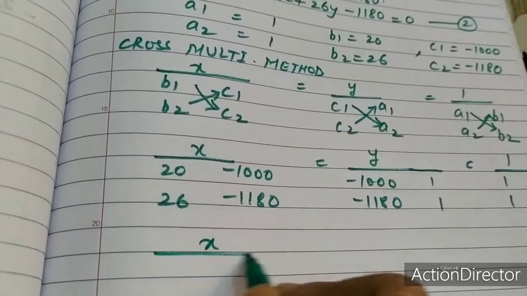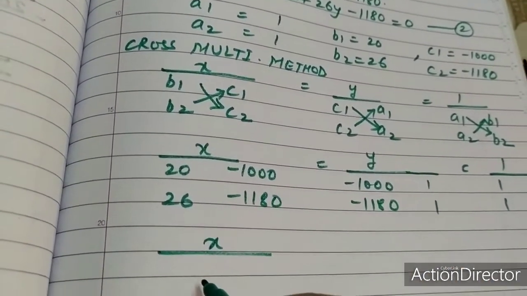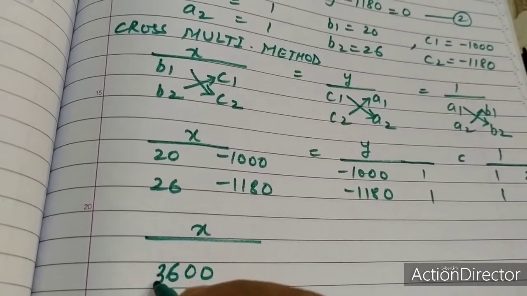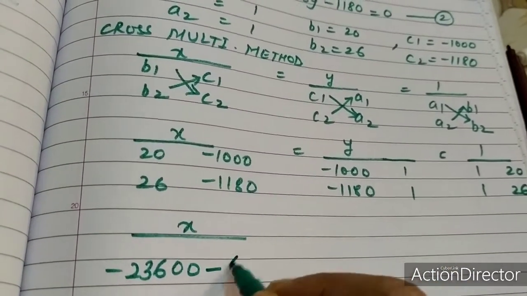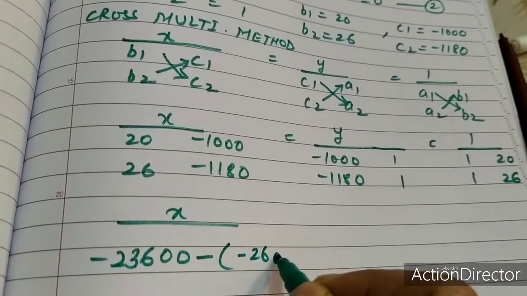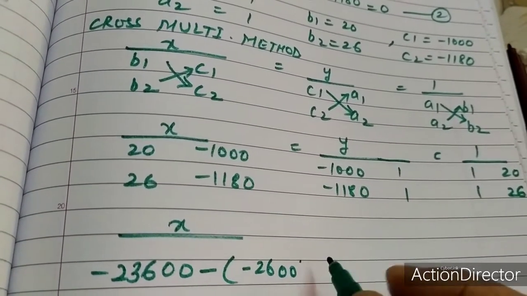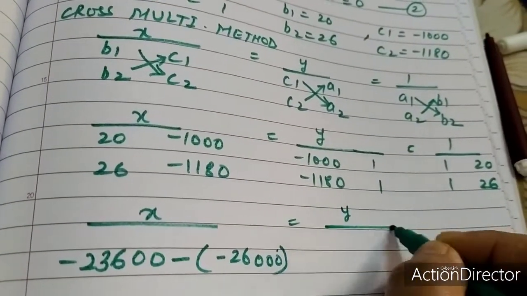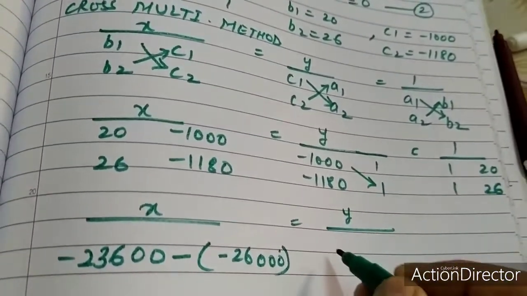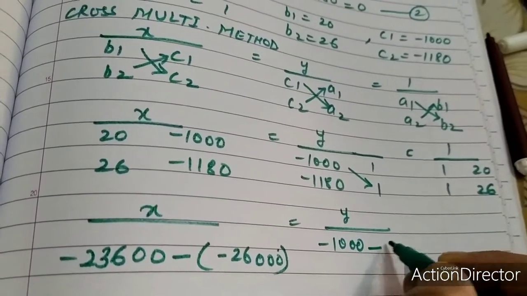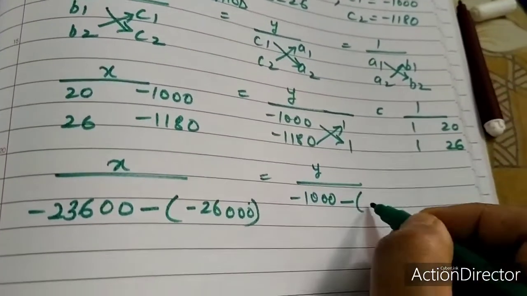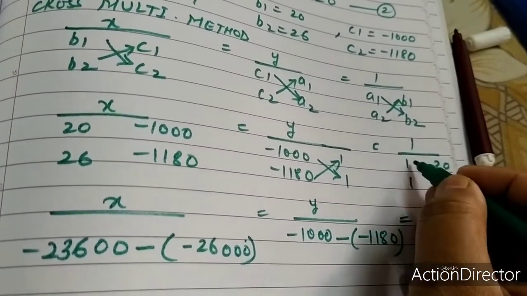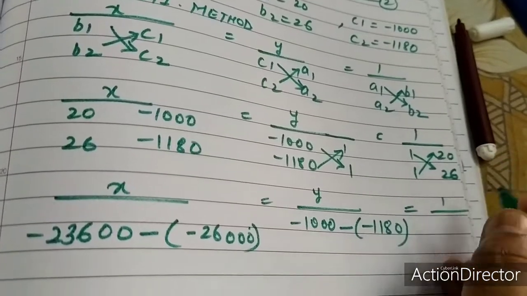Now for x, when you multiply these two, 20 times minus 1180 gives minus 23600. Then minus of minus 26000, sorry, when you multiply these two, y upon, when you multiply these two, you get minus 1000 minus, when you multiply these two, it is minus 1180, equals 1 upon, again multiply these two and subtract this one.